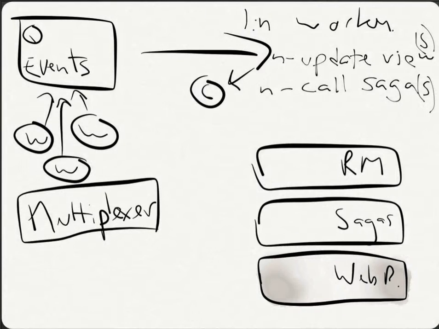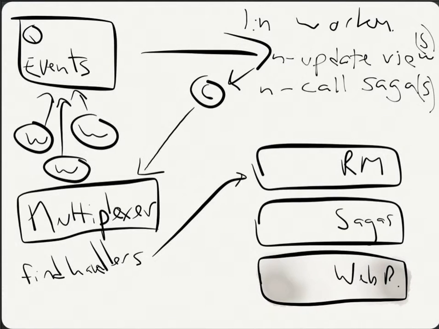So this worker is actually, all right, so the multiplexer, what it's going to do is it's going to take in the message or the event, and it's going to find handlers, and it's going to decide what kind of handlers they are.